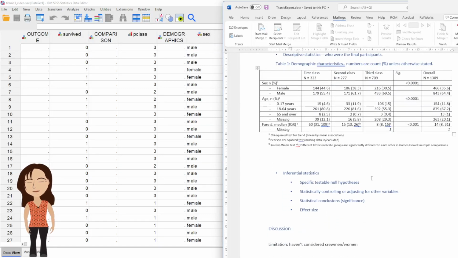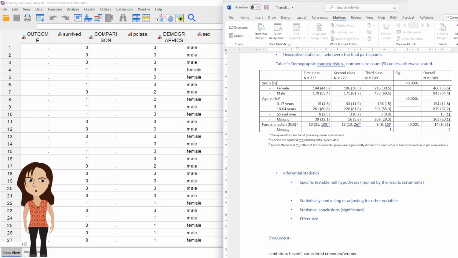Typically in health papers, although you will have a research question written out, the actual hypotheses are implied by how you write the results. So that means that when you say something like, there was a significant difference in whatever it is after adjusting for other things, you're implying the analysis and the actual hypotheses.